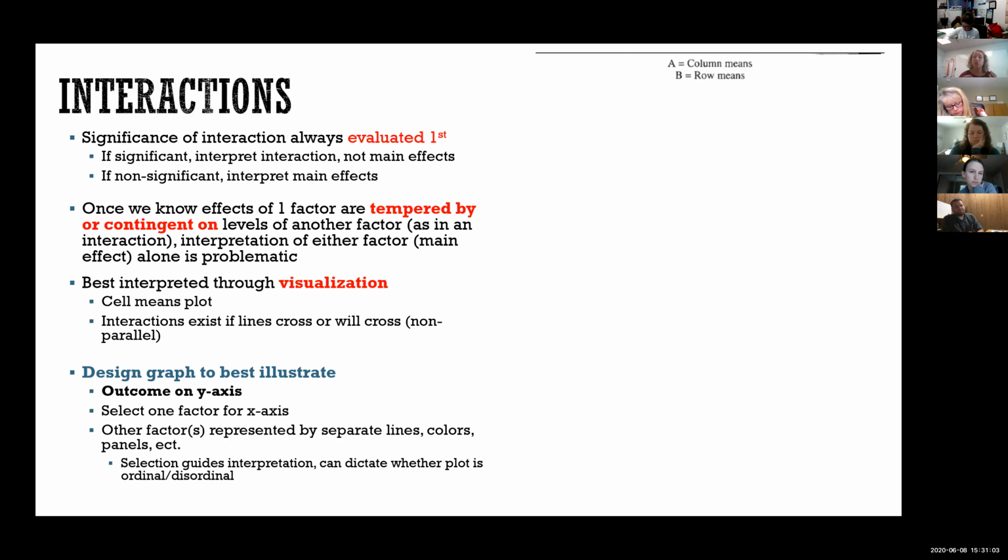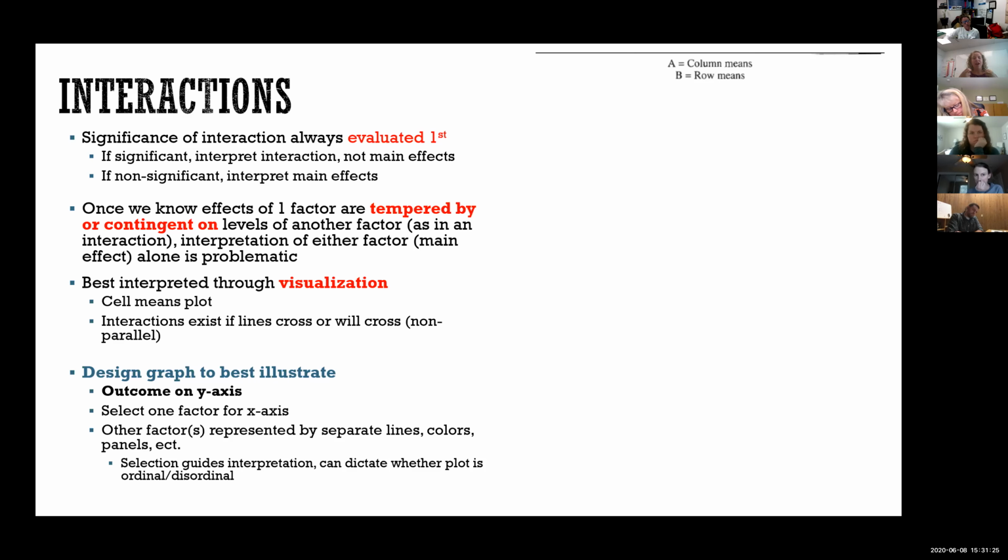And if you had dose, like low, medium, and high, that'd be a good choice for the x-axis. If something has ordinality to it, that's a good choice for the x-axis. If a factor has more levels, it's a good choice for the x-axis. If one has 5 levels and one has 2 levels, choose the one with the most levels to be on the x-axis.